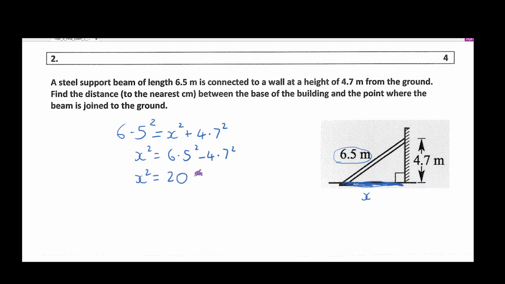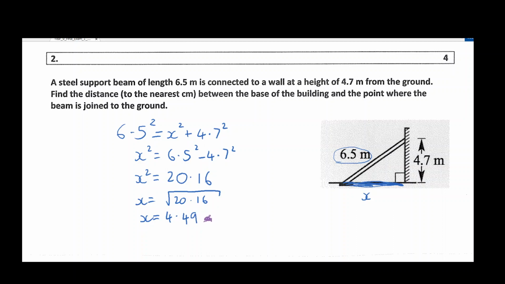So you put that in on your calculator. That equals 20.16. And x equals the square root of 20.16. X equals 4.49.